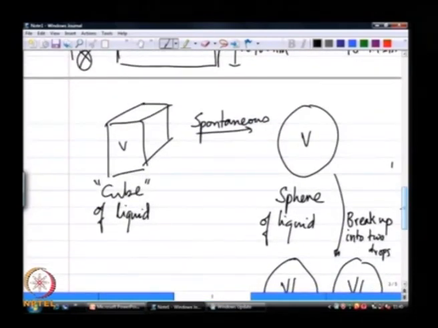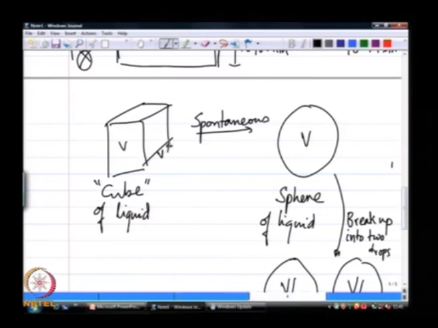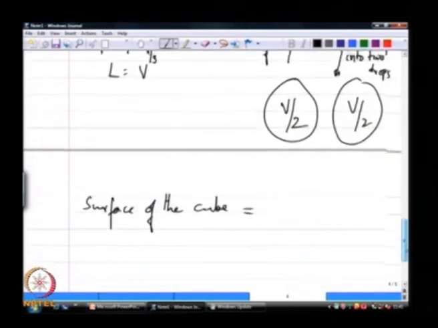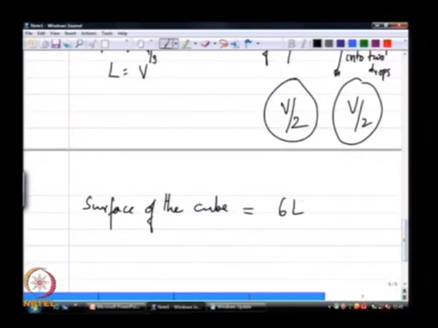If the volume is V, each side is V power 1/3, so the surface area of this cube would be 6 times L squared, which is 6 times V power 2/3.